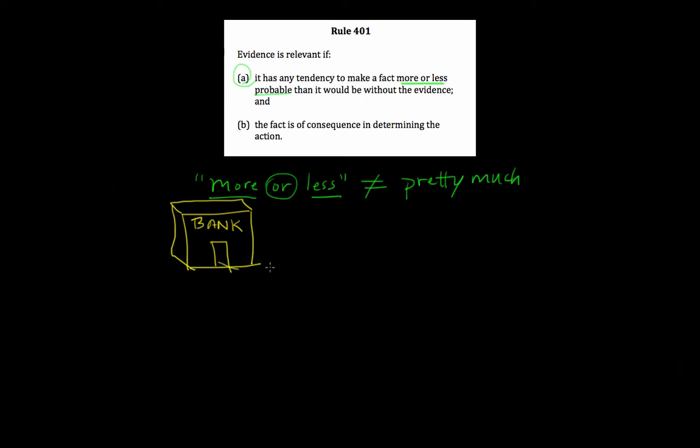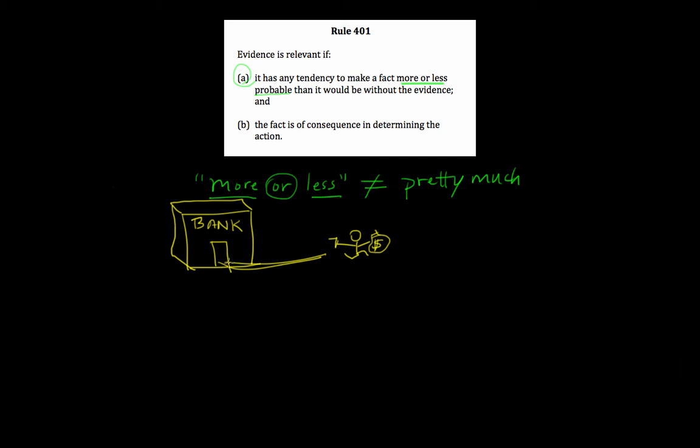Let's draw our bank robber. So here's our bank robber running away from the scene of the crime, and he's holding a gun in one hand and a bag of money in the other hand. Bags of money in these cartoons always have a dollar sign on them, so I'll draw that in my drawing here too. So here's our robber running away from the bank.